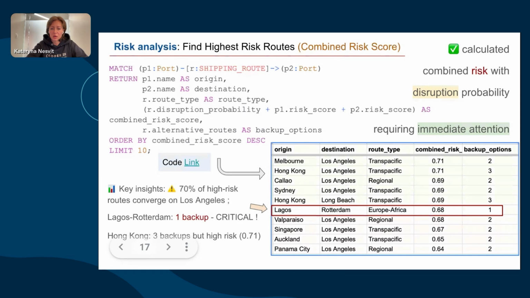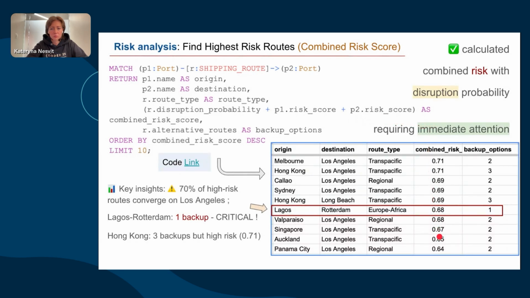Here I start with finding the highest risk routes using the combined risk score. Between port 1, the shipping route, and port 2, we combine the disruption probability, the risk score for port 1, and the risk score for port 2.